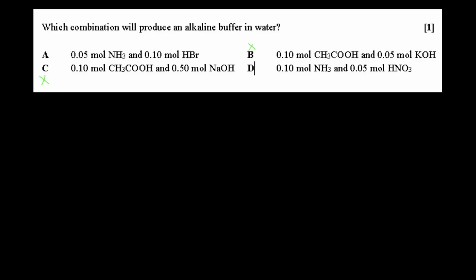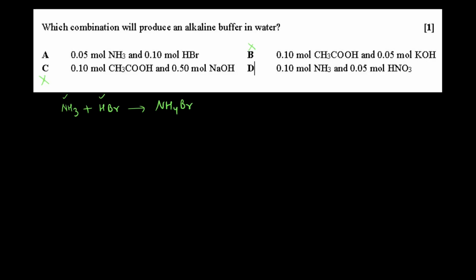In option A, we see that ammonia is reacting with HBr and this will give us ammonium bromide. We see that 0.05 mole of ammonia is there and 0.1 mole of HBr is there. Since ammonia and HBr react 1:1, 1 mole of ammonia reacts with 1 mole of HBr.